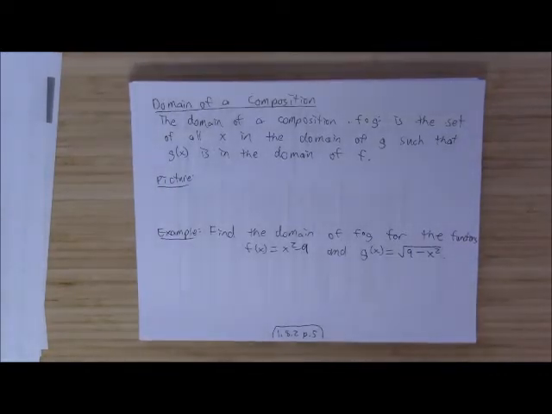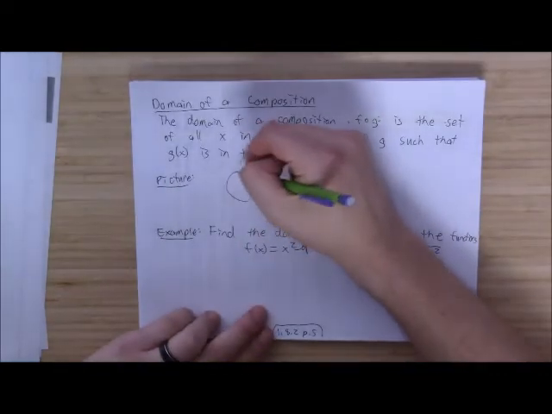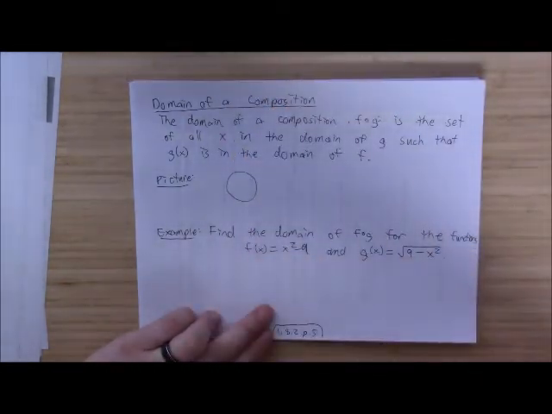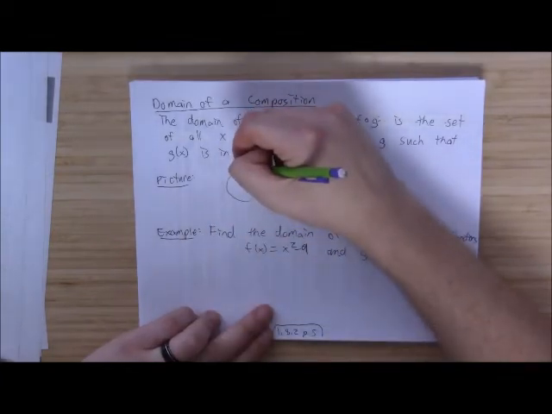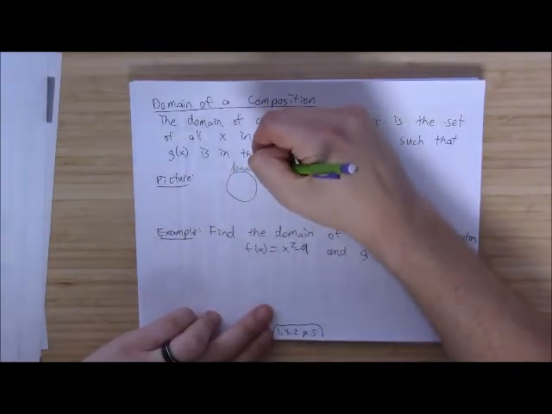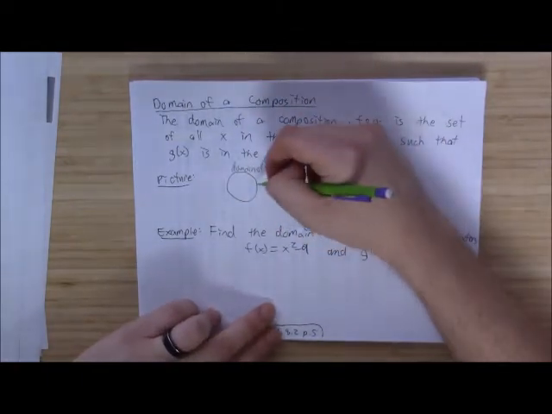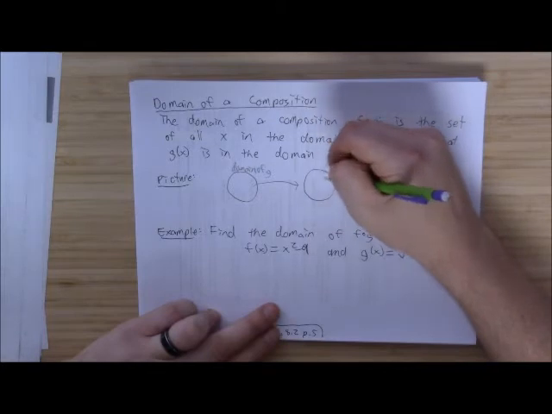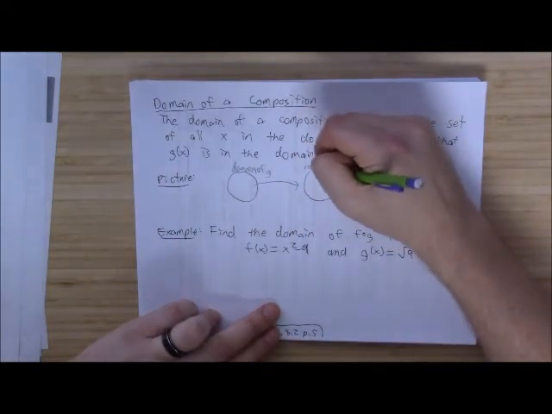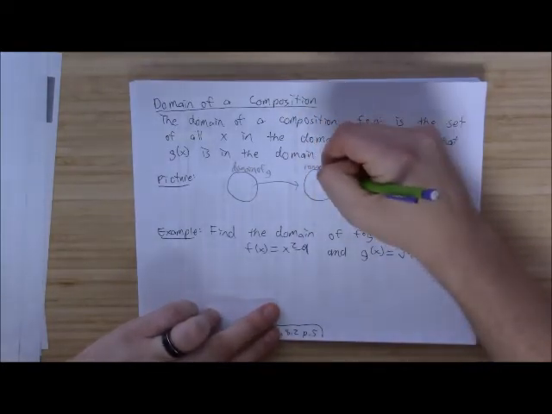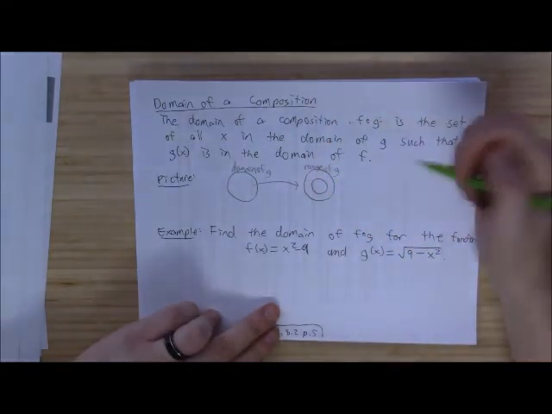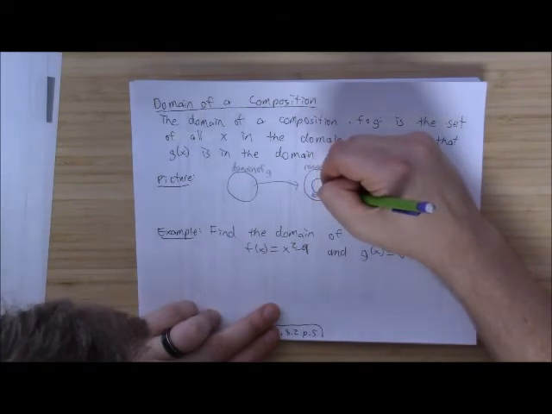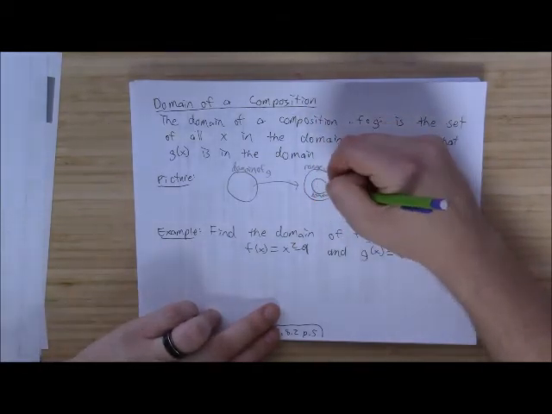Again, this picture essentially tells you, here you have all your x in the domain of g, but then there's a chance that you have the range of g out here, but then f is only defined for a few of those. Namely, here, so this would be the domain of f in here.